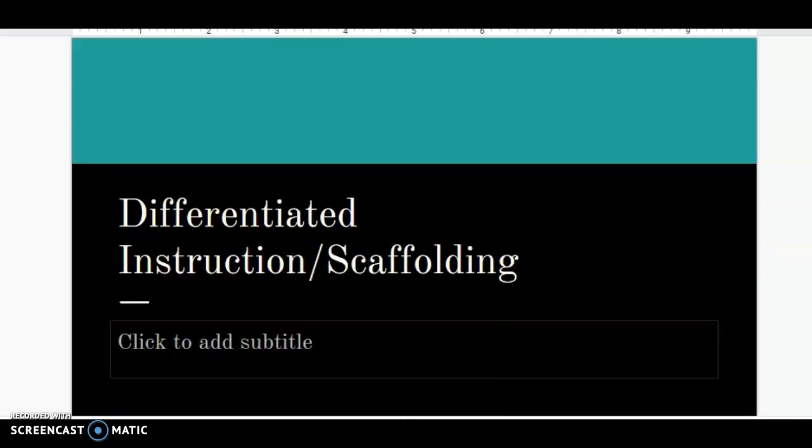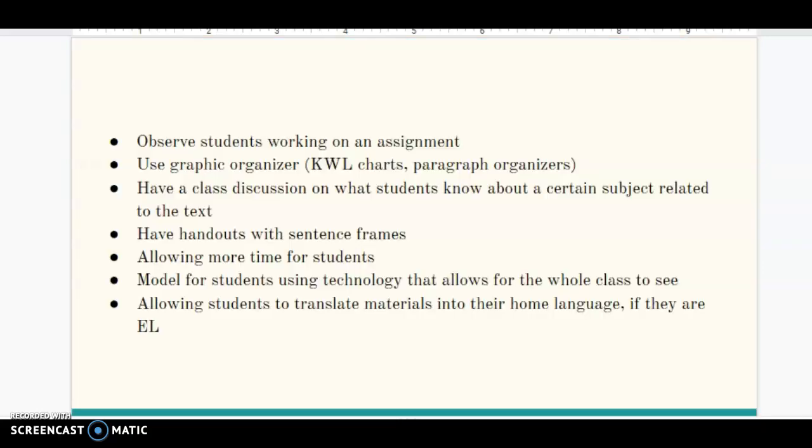And then we have differentiated instruction / scaffolding. And so we should observe students working on an assignment. So that could be before we even decide how we're going to differentiate / scaffold.